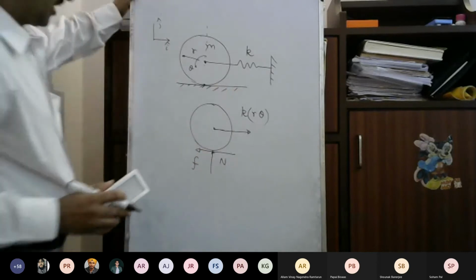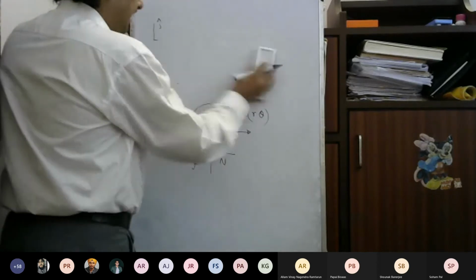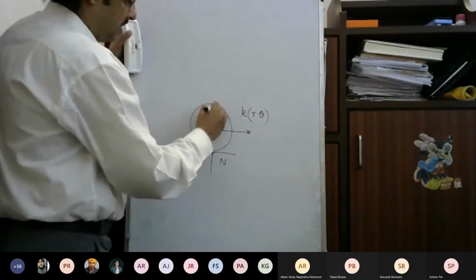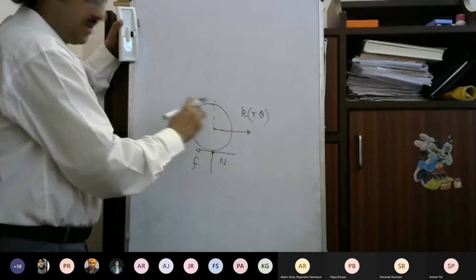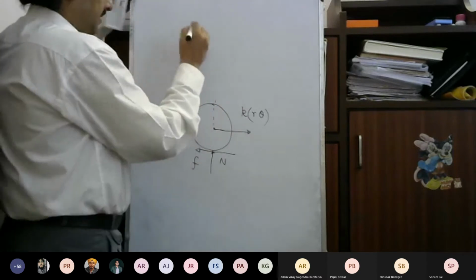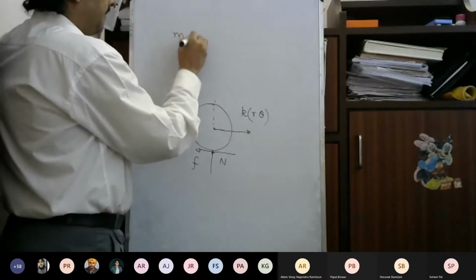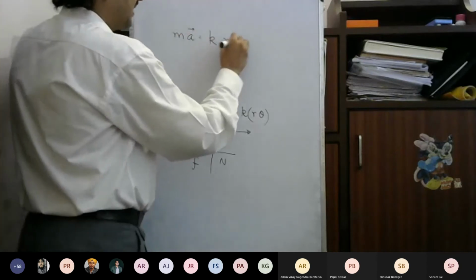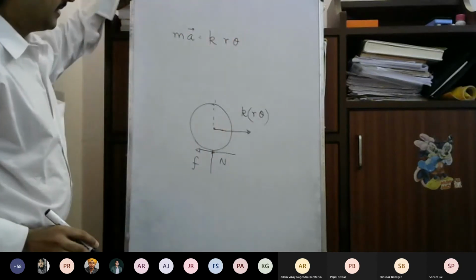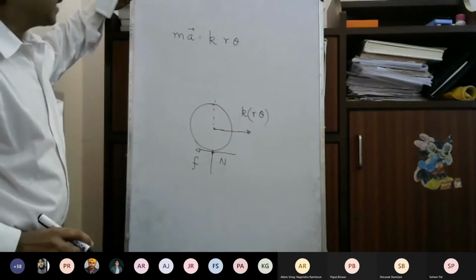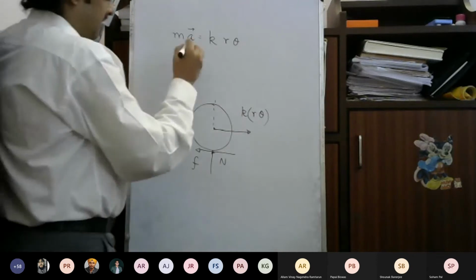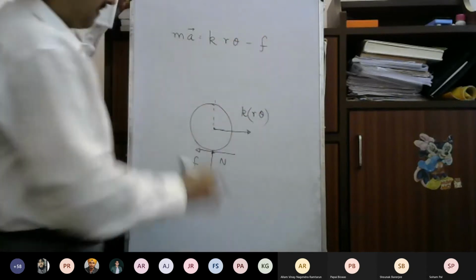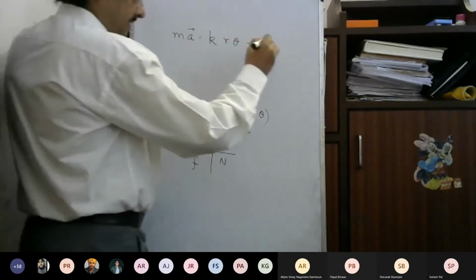Now what will be the equation of motion? In this case it will be m times acceleration equal to k times r theta minus f, the force.